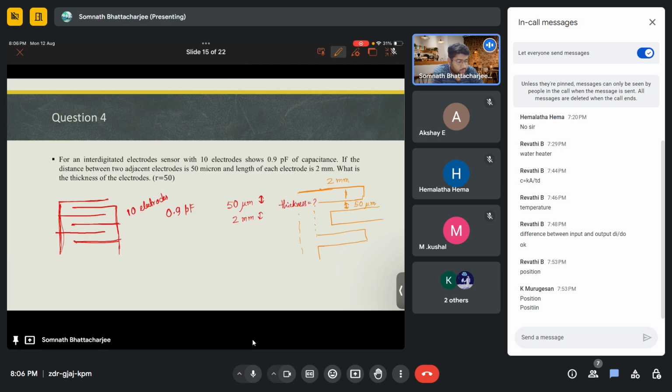So what is the thickness of this? Let's take at least 5 minutes, and then we'll discuss the answers.